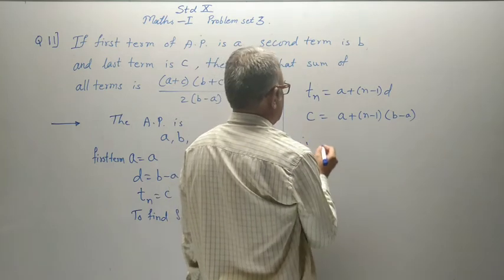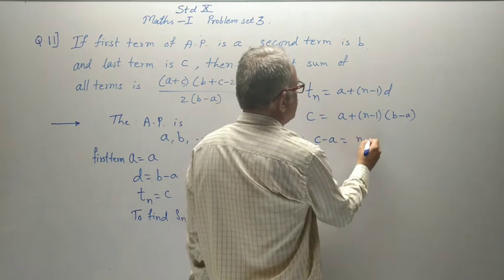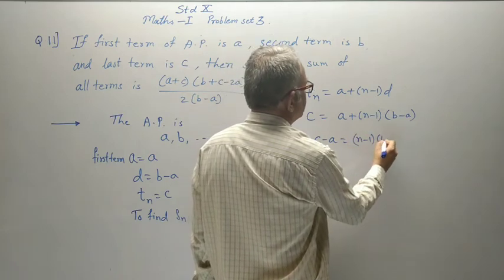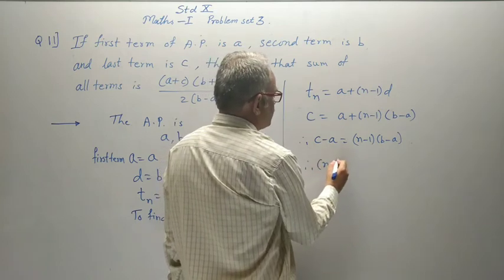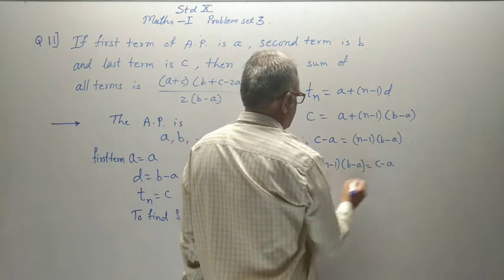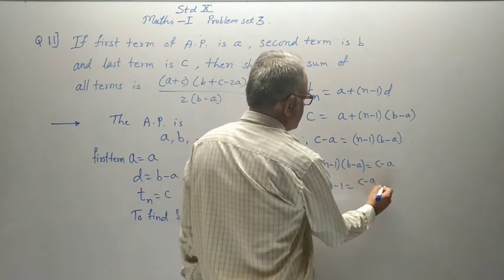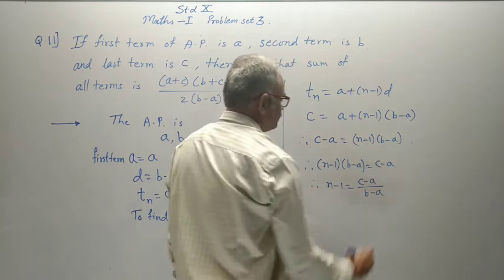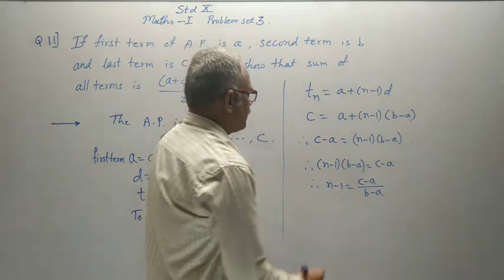Therefore, C minus A, shifted, is equal to (n minus 1) into (B minus A). Therefore, n minus 1 is C minus A upon B minus A, as B minus A is a common factor, the multiple shifted.